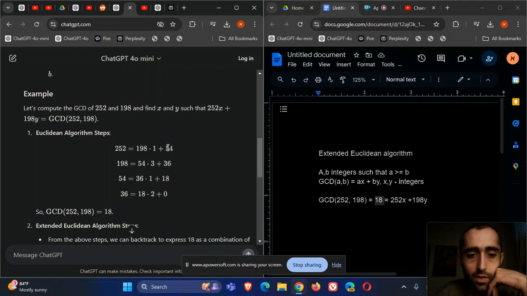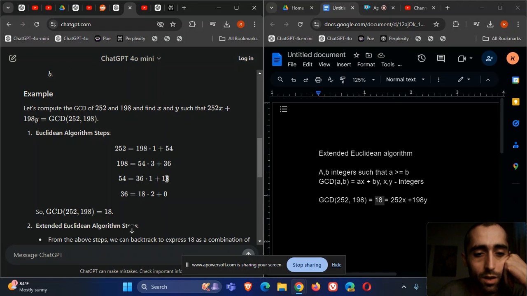We replace these values, and again calculate how many times 54 enters 198: 3 times with a remainder of 36. Then a takes b, b takes r, and again, how many times does 36 go into 54? One time, with a remainder of 18.